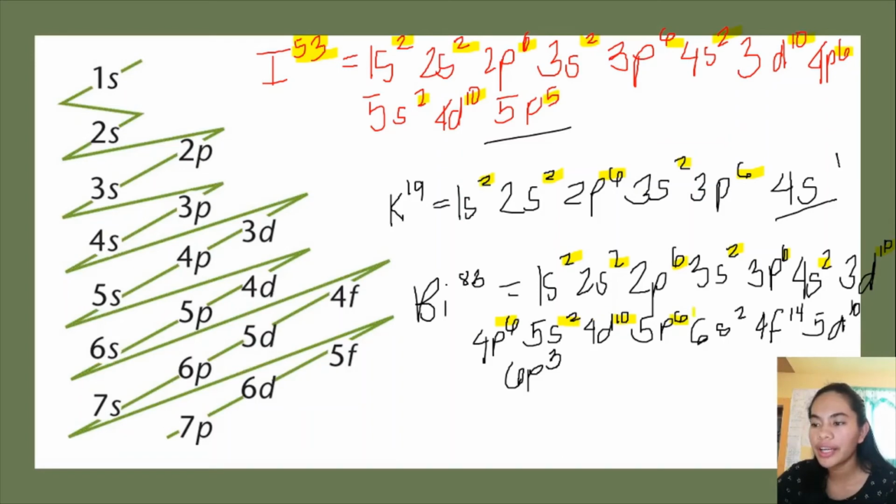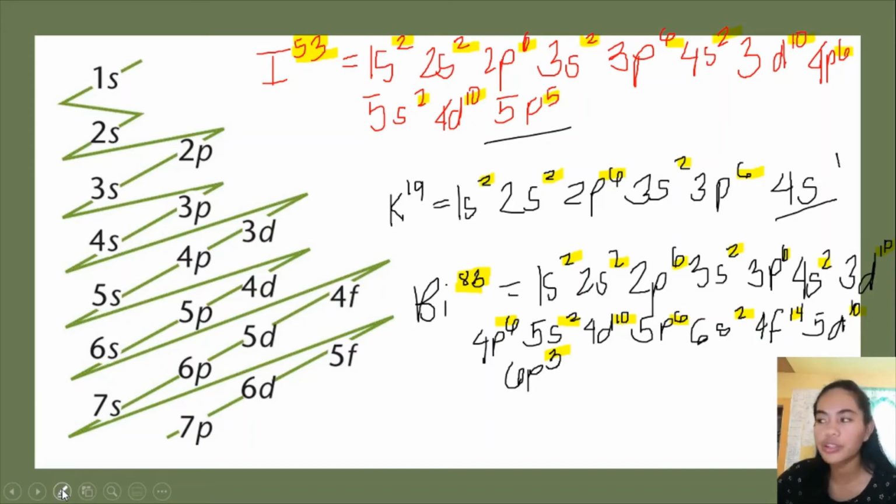Okay, 48, 54, plus 2, 56, plus 14, 70, plus 10, 80, plus 3. Alright, very good. So do we get the same? Yes, we got 83. We got 83 in our electron configuration.